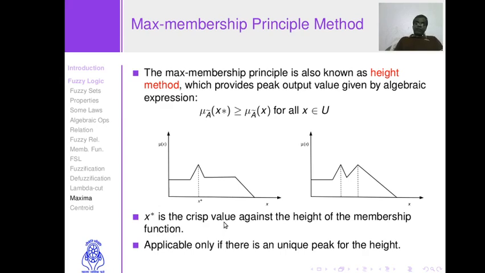This method is applicable only if we have a unique peak, as in this case. Here this method is not applicable, but here we can apply this method because there is a unique peak, while here we do not have a unique peak.